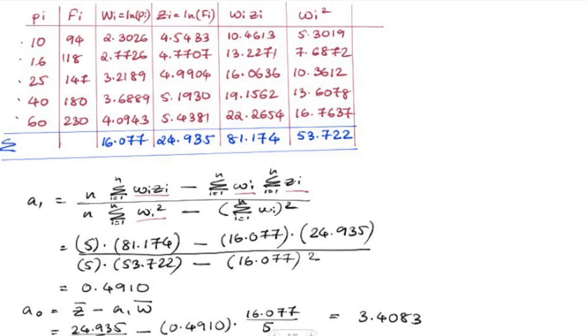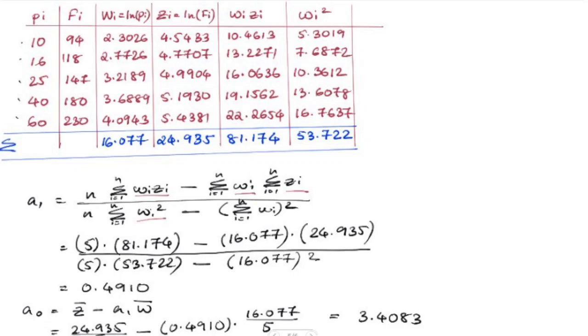So we got the values of A1 and A0. So in that case, now we can write our linear expression. So we have our linear expression, z is equal to A0 plus A1 times w.